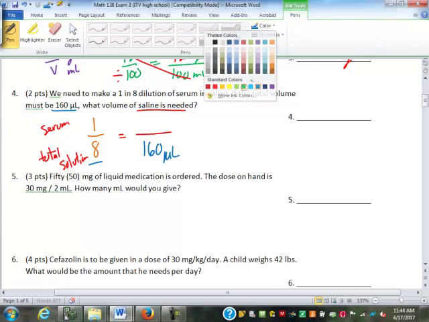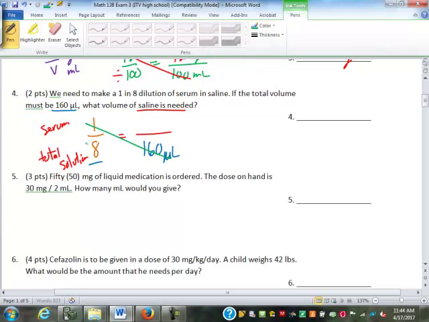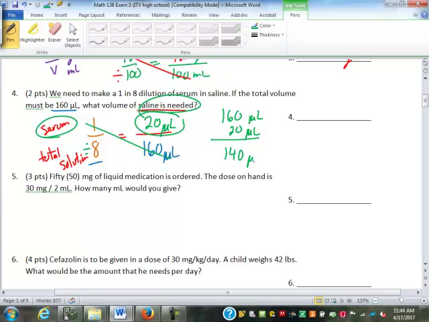We cross multiply and divide here. 1 times 160 divided by 8 is 20 microliters. That is the serum. We're asked what is the saline needed, so we're going to have to subtract. 160 microliters minus 20 microliters is 140 microliters of saline.